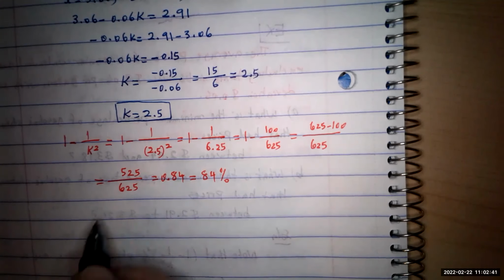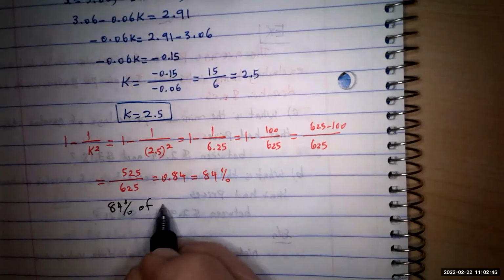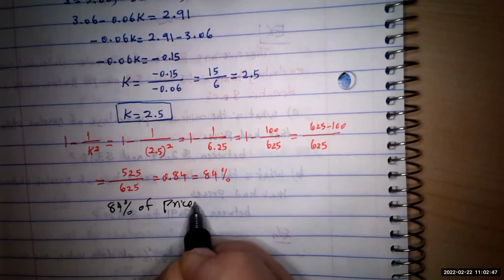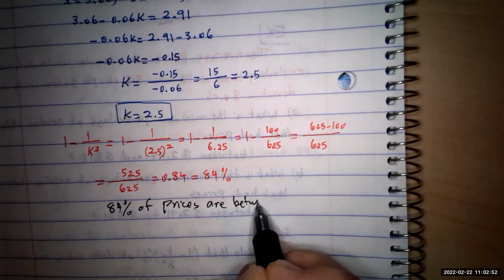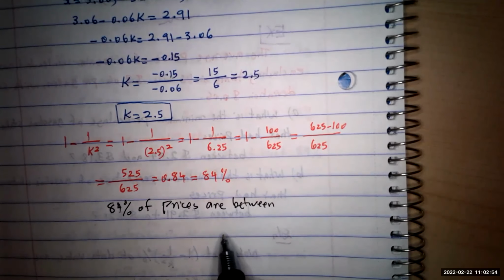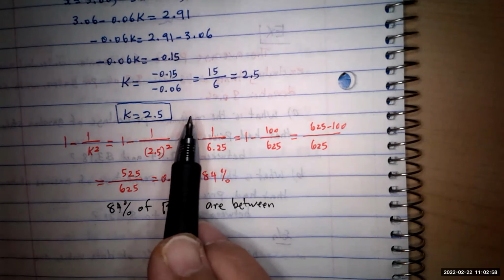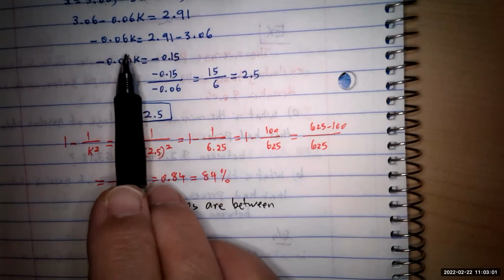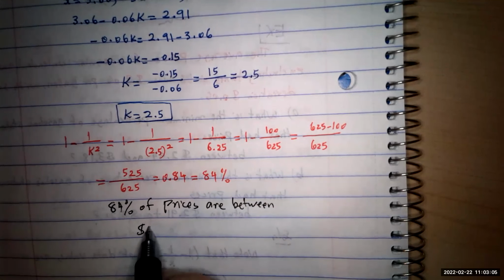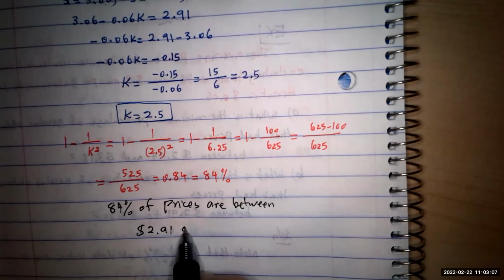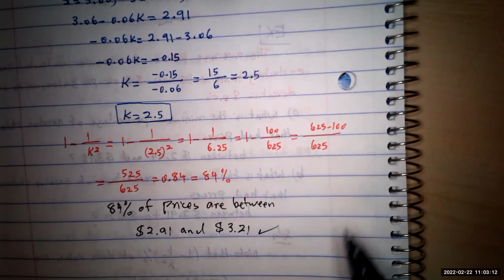So you make a comment that 84% of prices are going to be between this new range, the range that we got over here, $2.91 and $3.21.